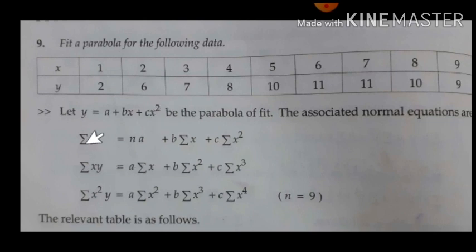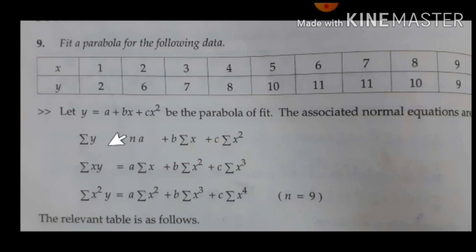The first equation is taken by taking the summation, similar to how we did the straight line. Summation y equals n times the constant a, plus b into summation x plus c into summation x square. Then multiply x throughout the equation and take the summation: summation xy equals a into summation x, b into summation x square, c into summation x cube.